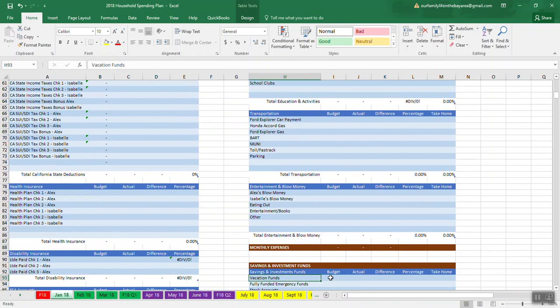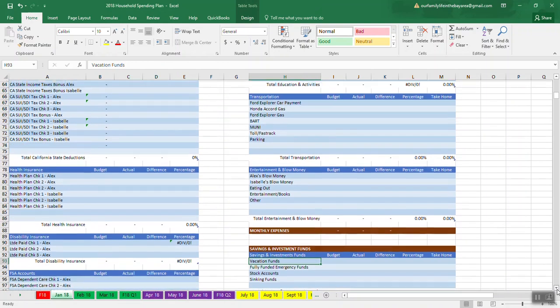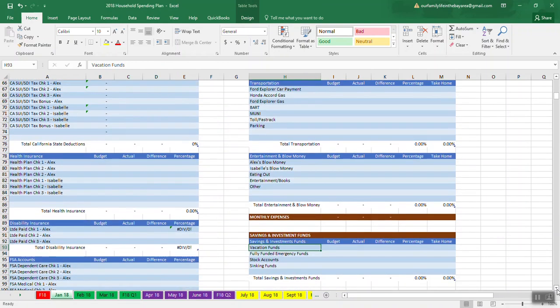And then saving and investment funds. We have vacation funds, but we don't put a lot into it just because we have a credit card that allows us to earn points, and we use those points towards our vacation.